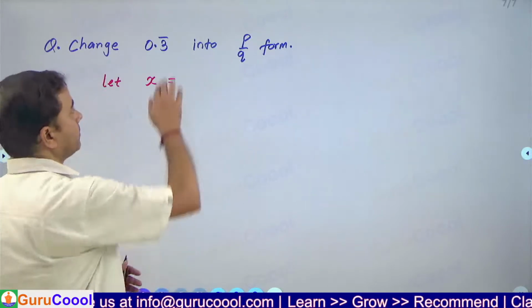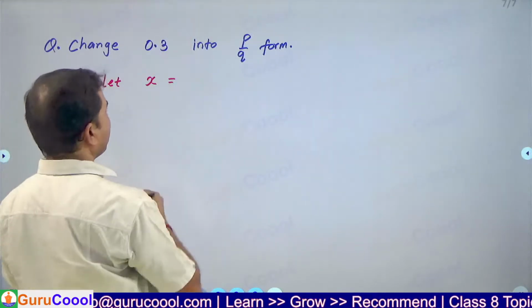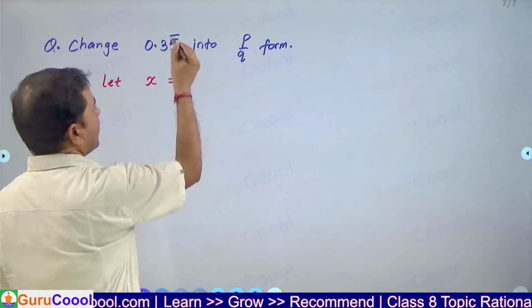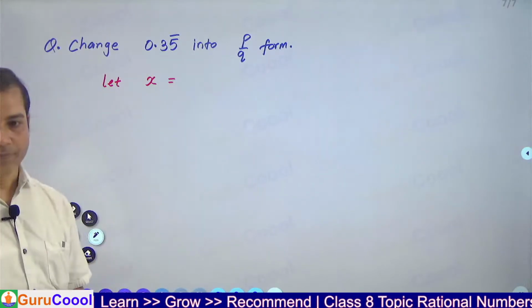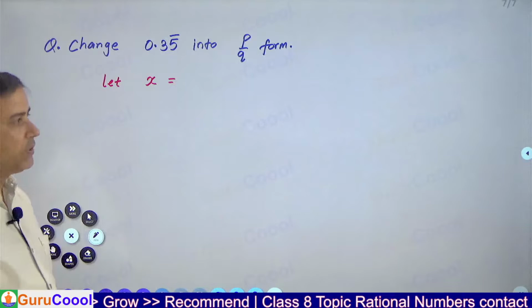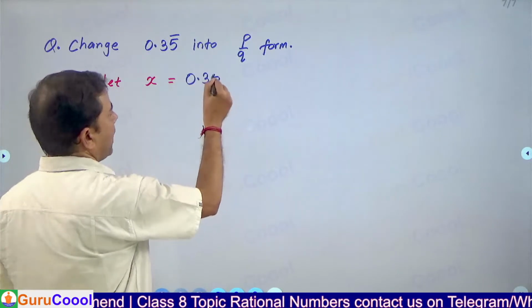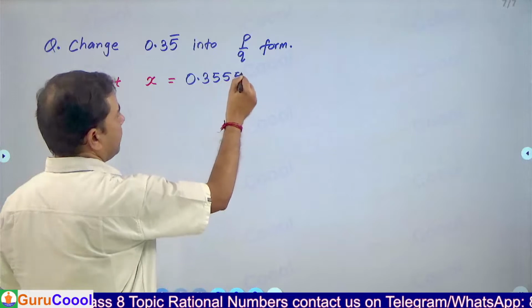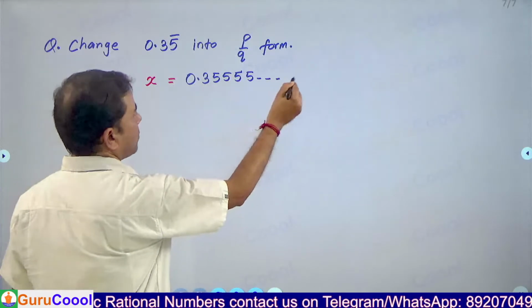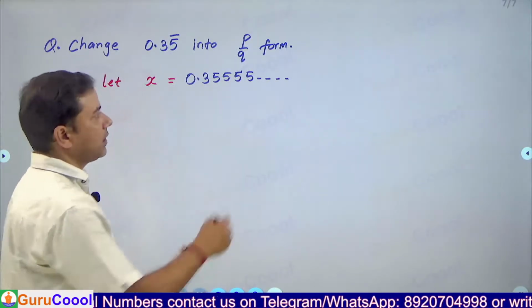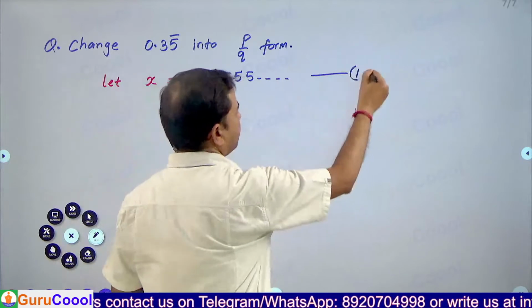So x is 0.3555 and so on. This is our first equation.